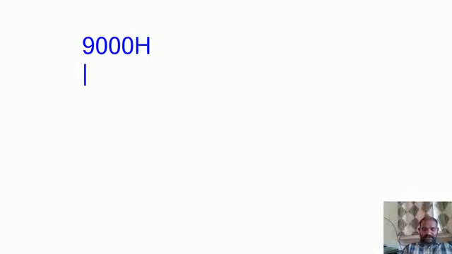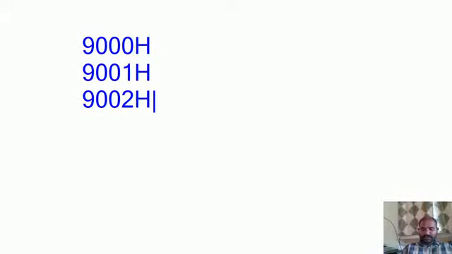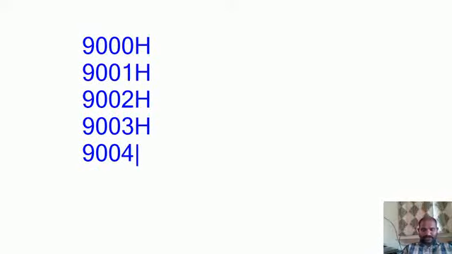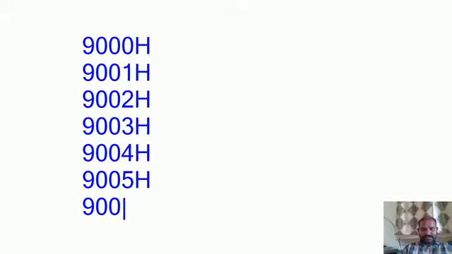I'm just writing the memory locations: 9000H, 9001H, 9002H, 9003H, 9004H, 9005H, 9006H and so on. So these are the continuous memory locations.